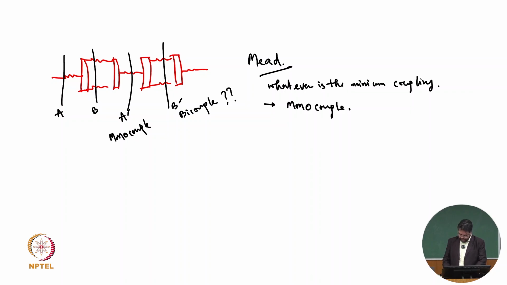Now suppose we are able to get... okay. So in this case, how are we proceeding? First, once we have chosen our unit cell, the unit cell has been chosen.